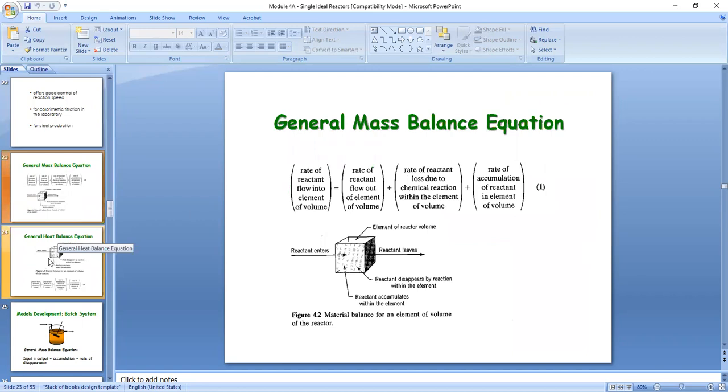The rate of heat or mass input is equal to the rate of heat or mass flow out of the system or of the element of volume, plus the rate of accumulation of either mass or energy, plus the rate of disappearance due to chemical reaction.